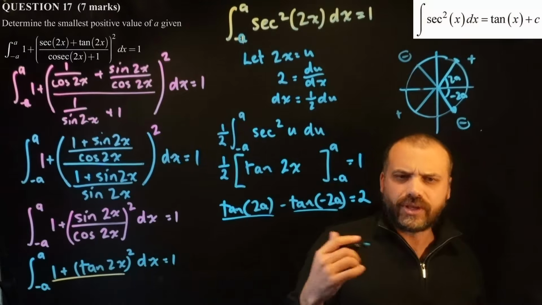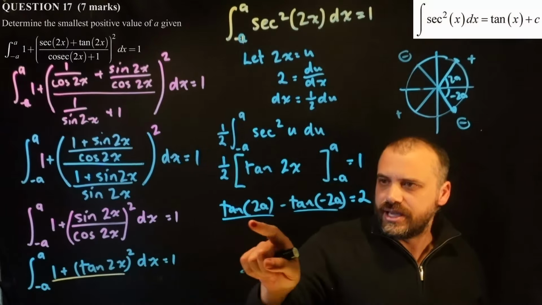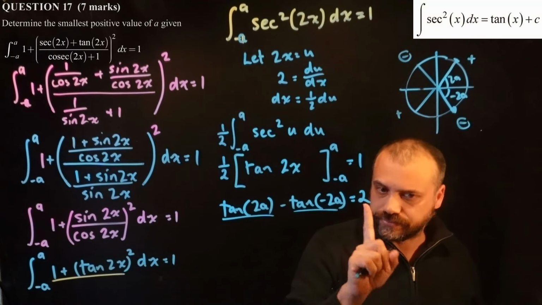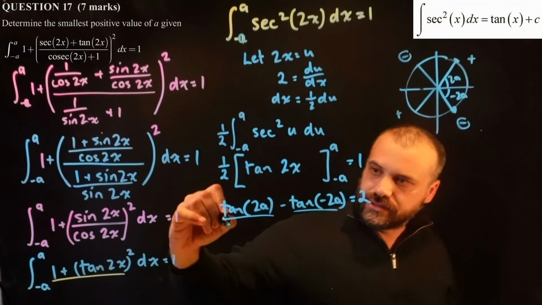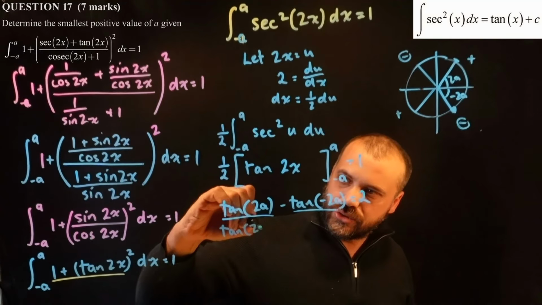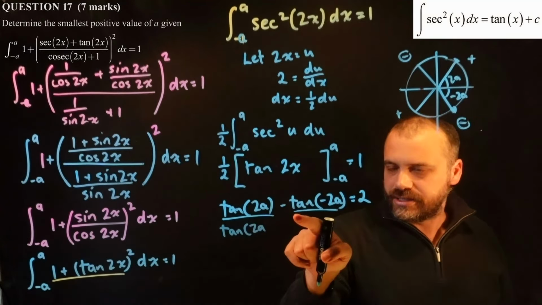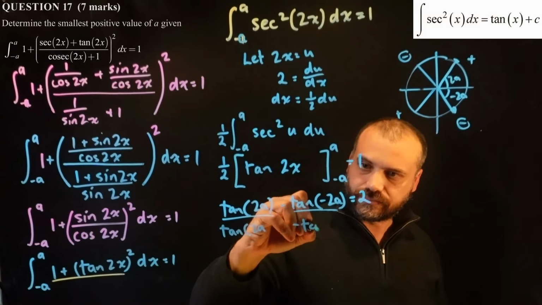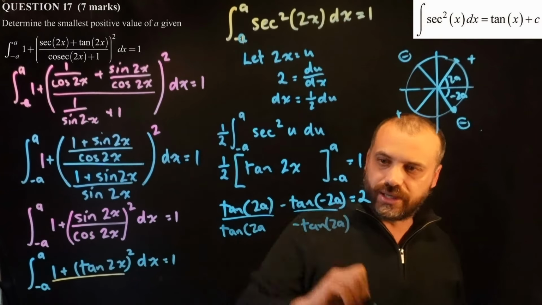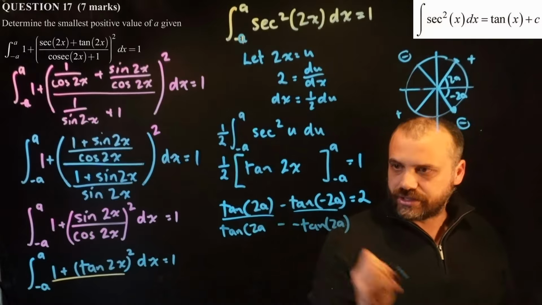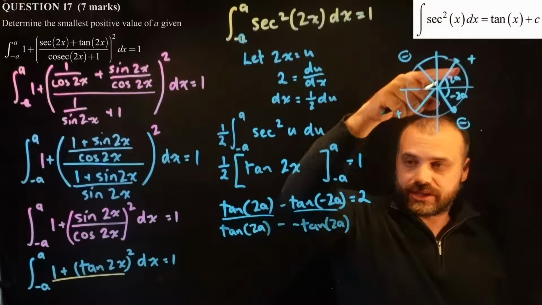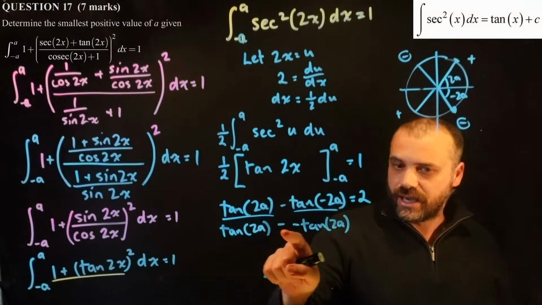So, what am I getting at? Tan 2a and tan negative 2a are related to each other. Tan negative 2a is the same as negative tan 2a. And we're subtracting it.